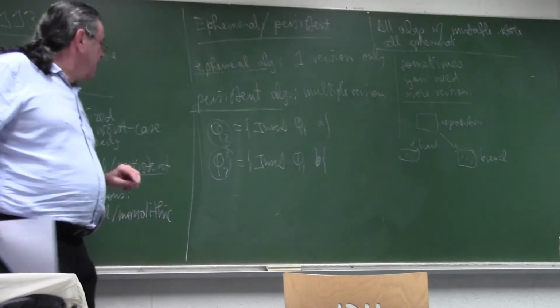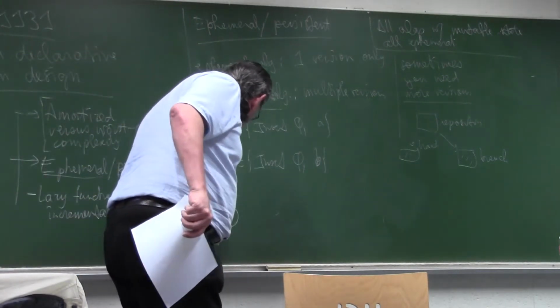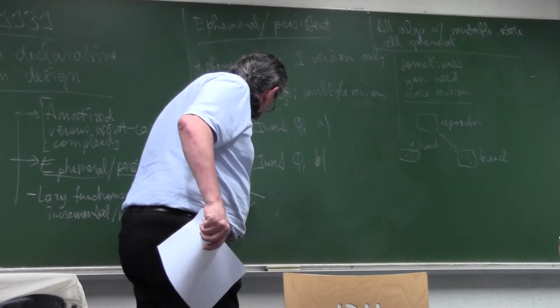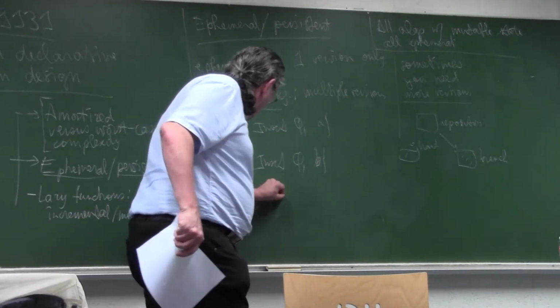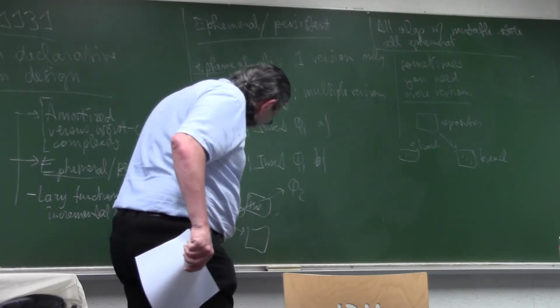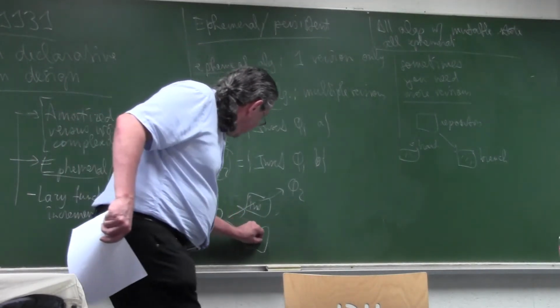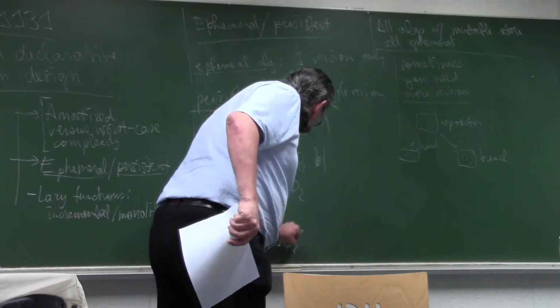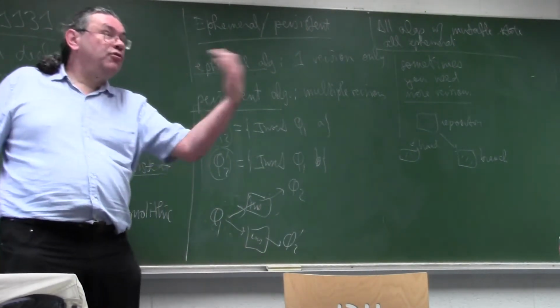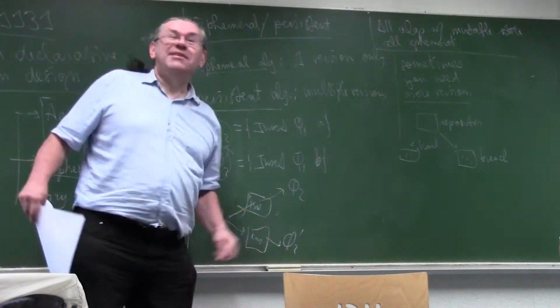So you can make a picture. I have here Q1. I do insert operation, and I have Q2. I can do another insert starting from the Q1, and I get Q2 prime. Now, if Q1 is an object with attributes that you update, you cannot do this, okay?